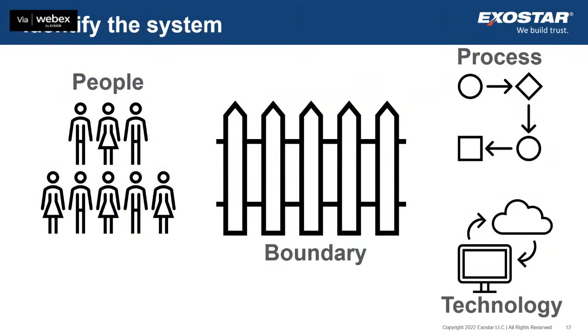So because these controls are over a particular system, one of the first things you need to do is identify that system. And that system is going to be those people, the processes, and the technology that are used to store, process, and transmit that controlled unclassified information.